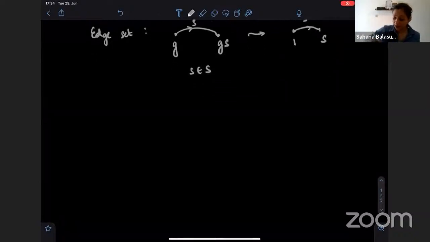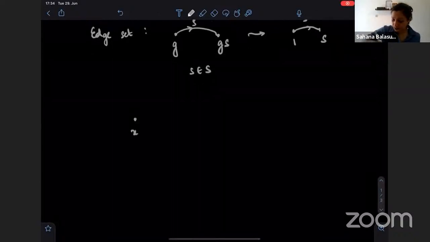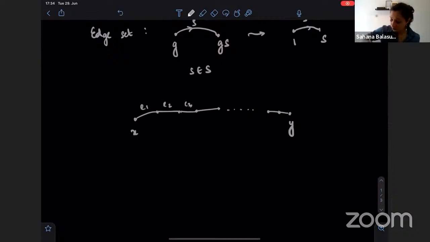In this Cayley graph, if you have two points x and y, and there's some path between them, which is some sequence of edges, let's call these edges e1, e2, up to en, then the label of this path p is me just reading the labels of these edges.